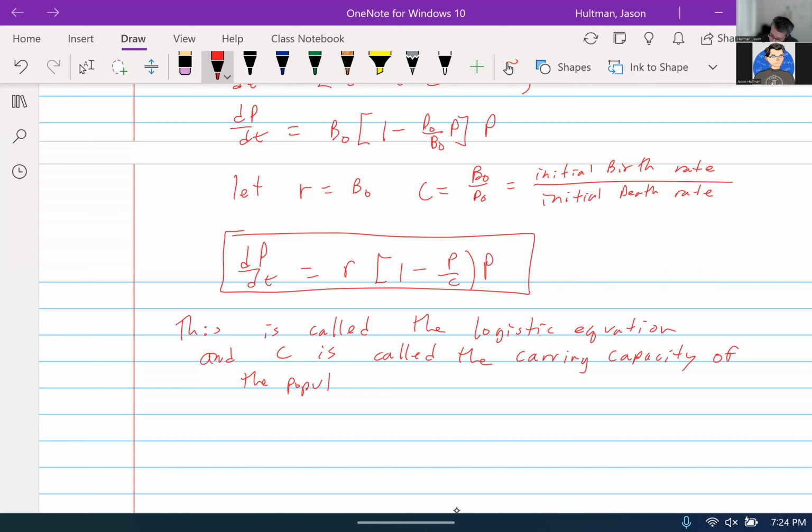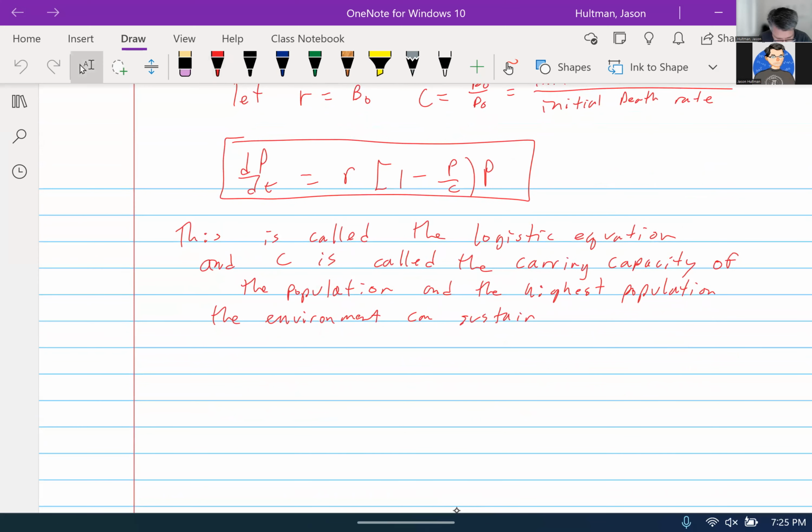The carrying capacity is the highest population the environment can sustain. That's b naught over d naught, meaning that ratio of birth to death.